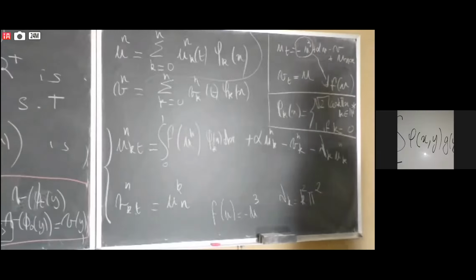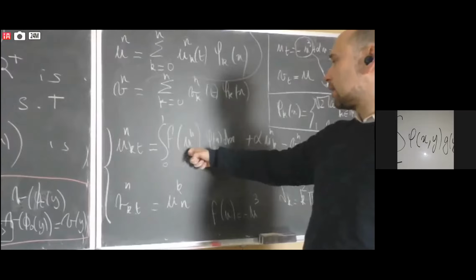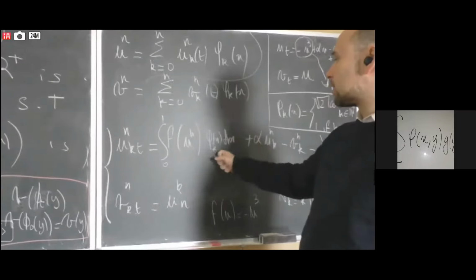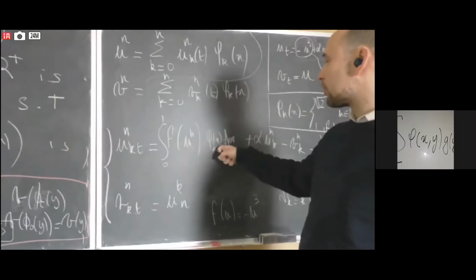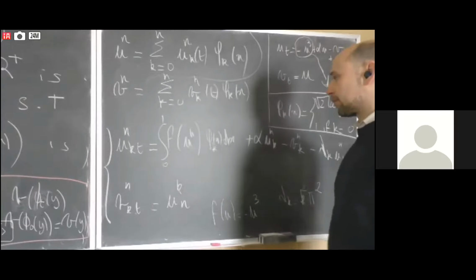All right. So this is a function of x and t, but I multiply it by an eigenfunction and I take the integral. Yeah, I understand. All right, good.